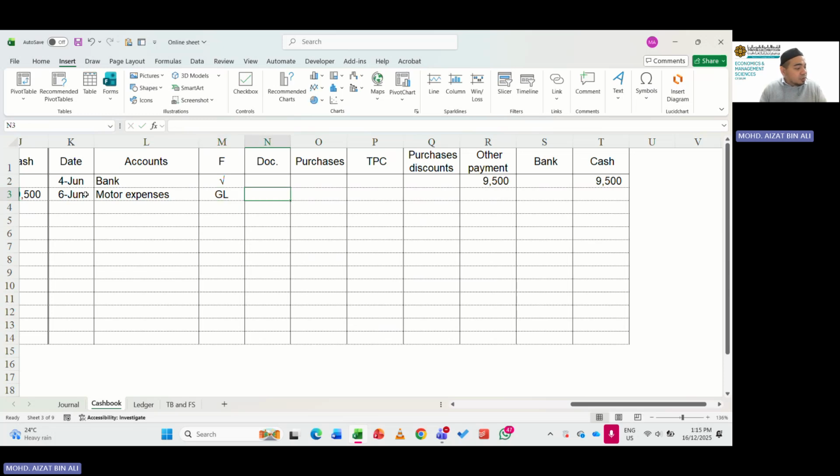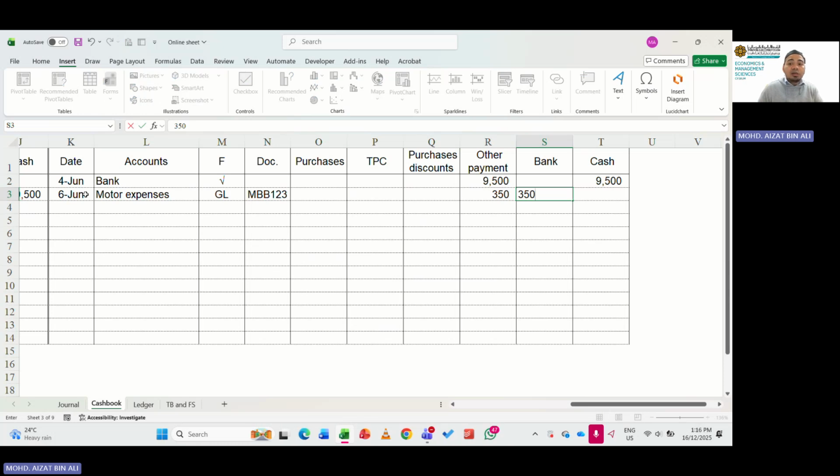And there's the document check number MBB123. It's not a purchase, it's not a payment to our trade payable, it's not related to purchases discount, but it is classified as other payments. So we're going to record this 350 in other payment and also subsequently in the bank column, because we paid using check. 350 ringgit like this.